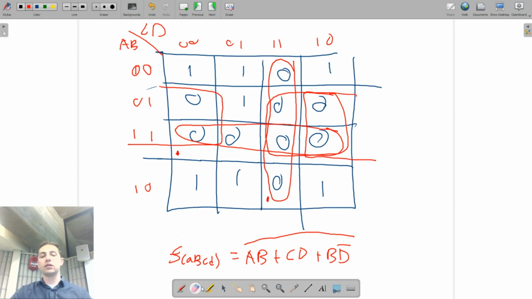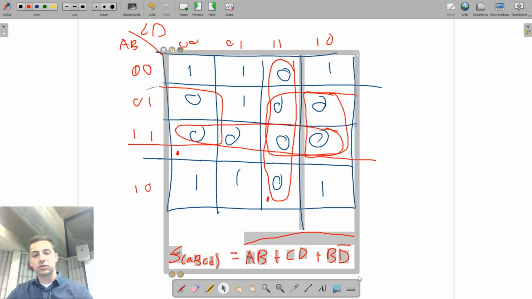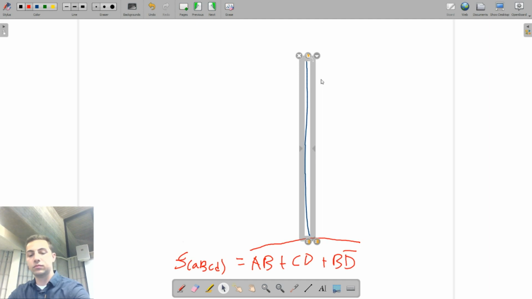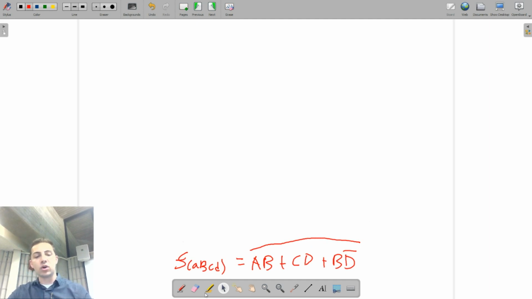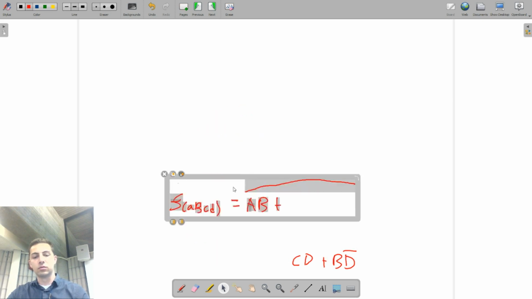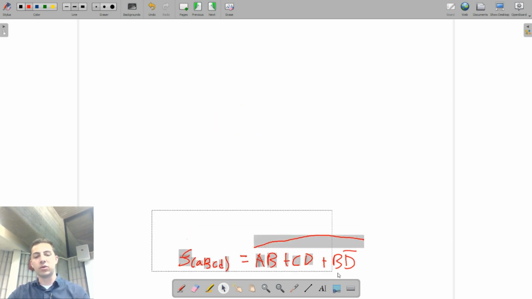Nothing scary there. Now, we would have to apply De Morgan's law to simplify this. Let's do that quickly. Let's apply De Morgan's law to the whole thing.